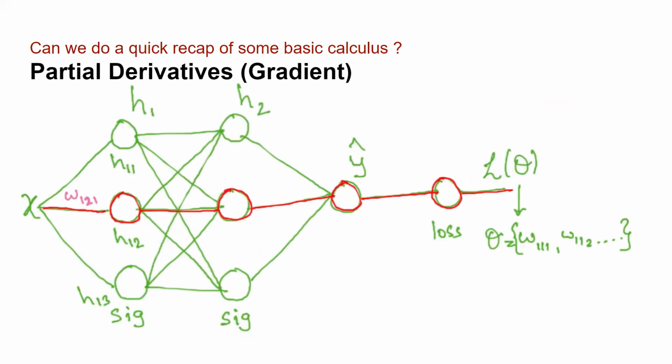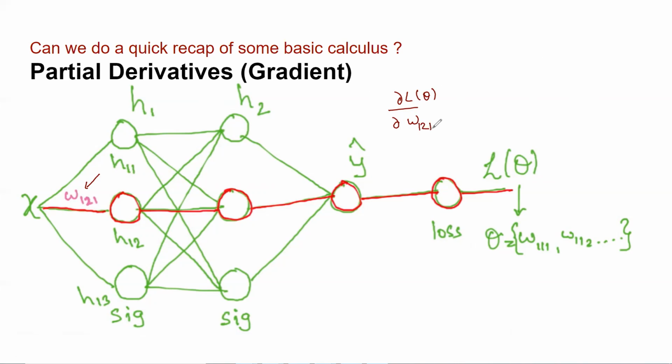Still, let me give you a very high-level glimpse of what I mean by chain rule, because chain rule is very important. Let's say this L theta is my loss, and I want to update this weight W121. So I need to compute the derivative of L theta with respect to W121.